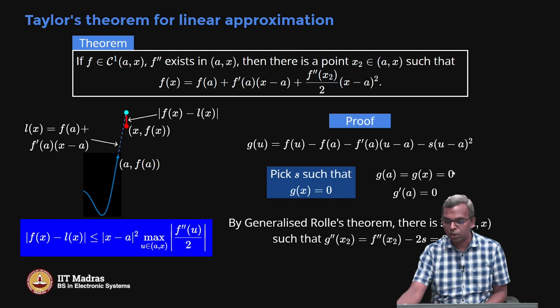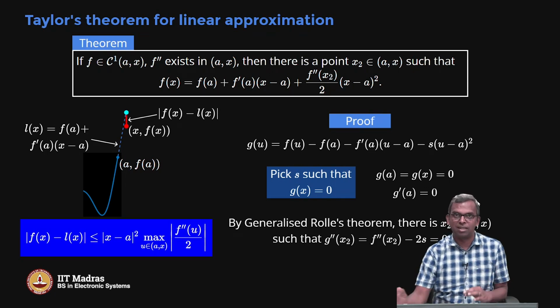Once we chose that, we see that this g satisfies all the conditions for generalized Rolle's theorem, and then we know that there is an x2, and we just differentiate g of u, and we get this magical result that s also equals f double prime of x2 by 2 for some x2. Okay, so that's the end of this lecture.